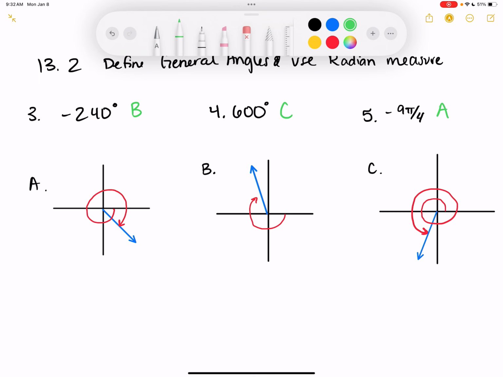This was negative pi over 4, negative 2 pi over 4, negative 3 pi over 4, negative 4 pi over 4, negative 5 pi over 4, negative 6 pi over 4, negative 7 pi over 4, negative 8 pi over 4, and then all the way back around would be negative 9 pi over 4. All the way around once is 2 pi, which is negative 8 pi over 4, so then a little bit farther would be that. So that's how you can keep counting. So we have the most basic form, but you could find 27 pi over 4 if you wanted. You would just keep counting around.